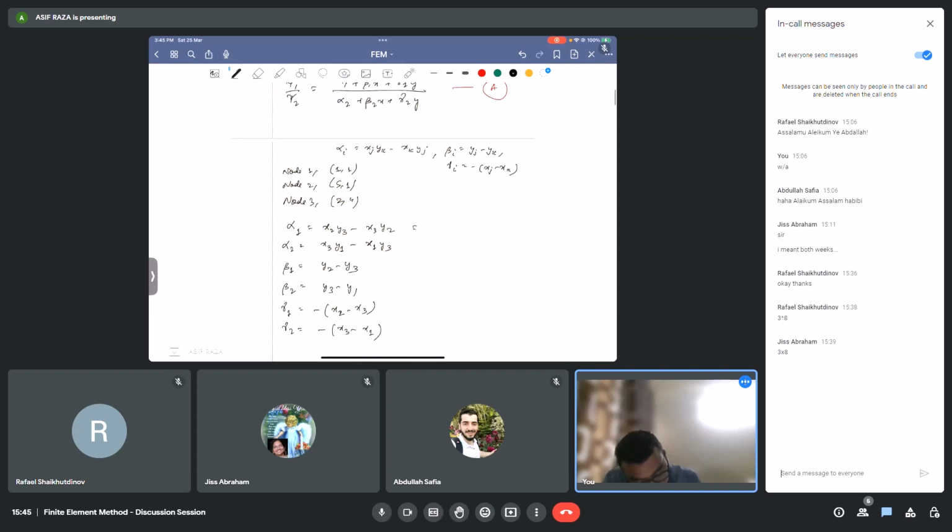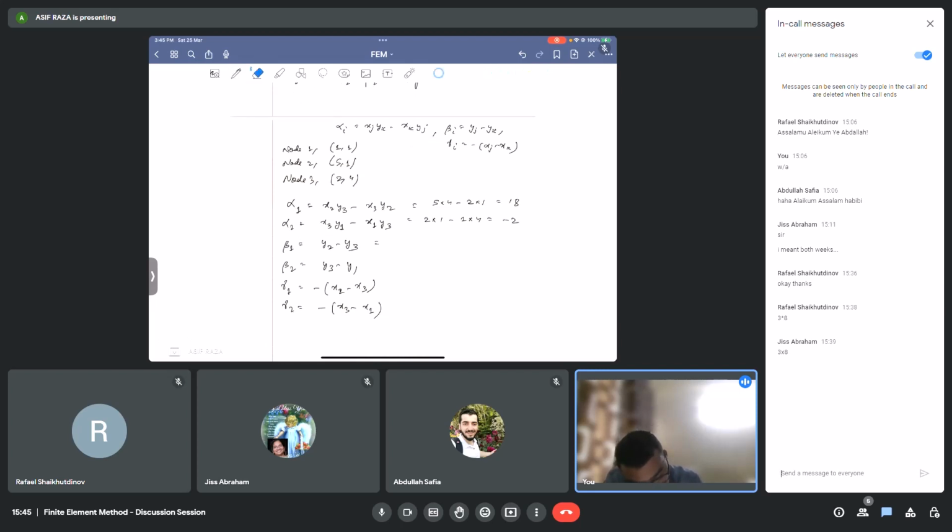So correspondingly we have x2 is 5 times y3 is 4, minus x3 is 2 times y2 is 1, so this is 18. Then x3 is 2 times y1 is 1, minus x1 is 1 times y3 is 4, so this is 2 minus 4, which is minus 2.